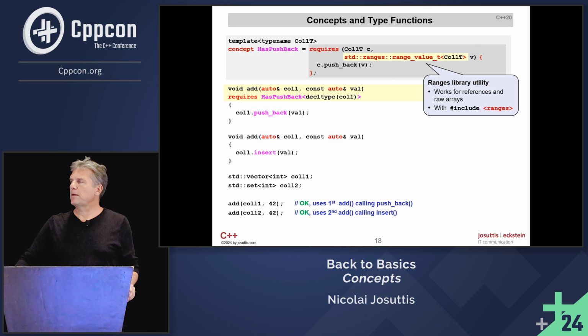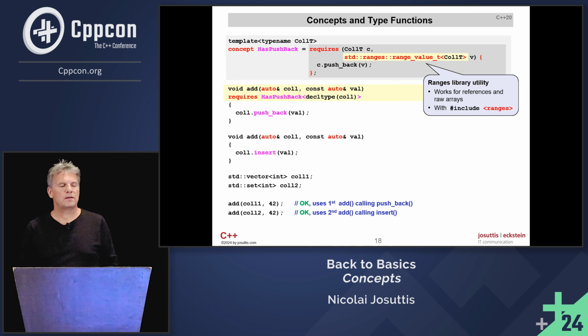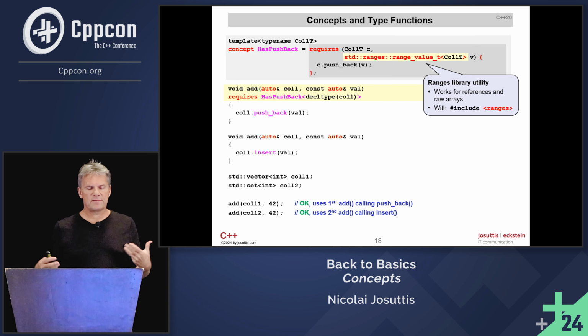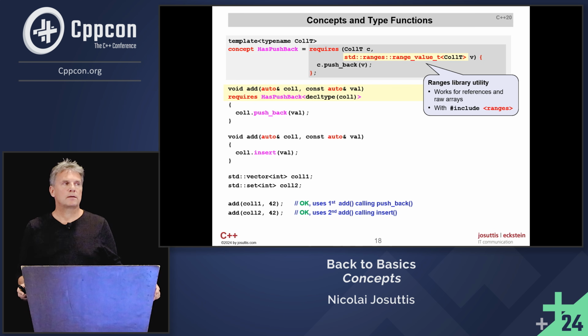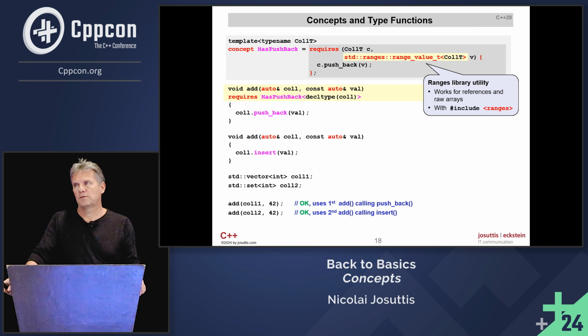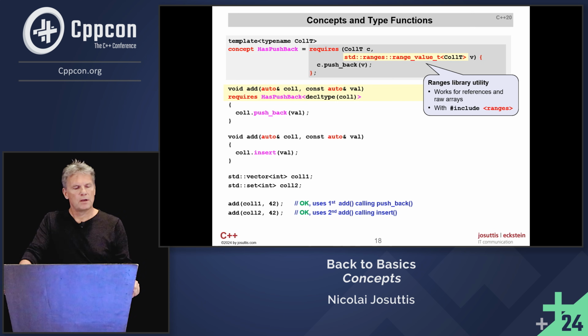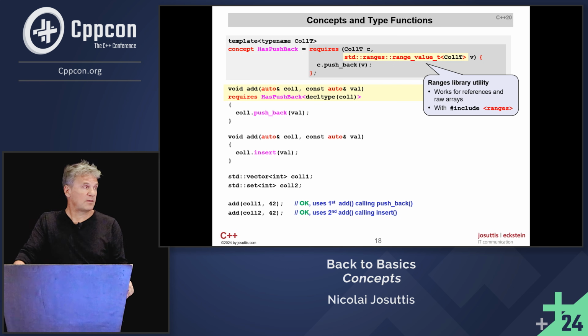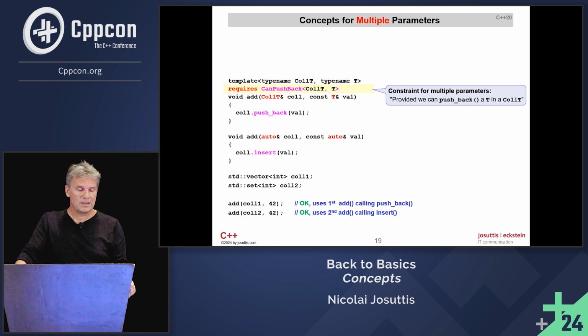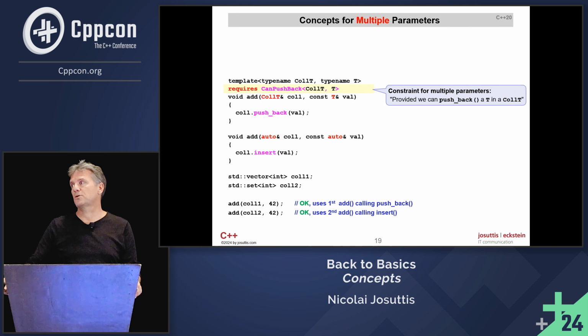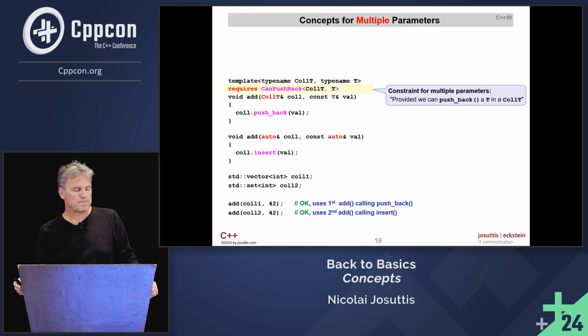Okay, maybe what we test here is, does the container support push_back for its own element type? So maybe there's a better approach, which is, why don't we just check, can we add that value into the collection, including type conversions and something like that?